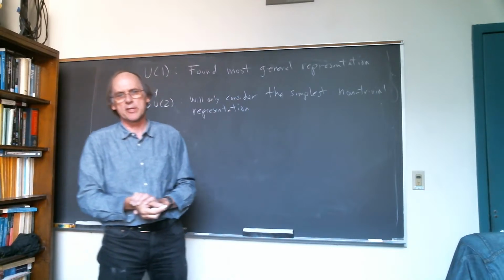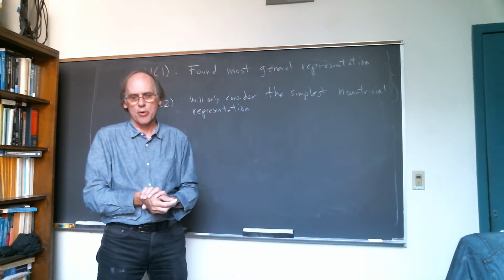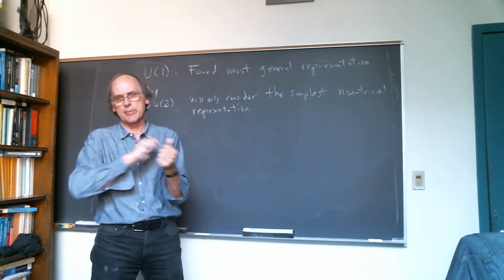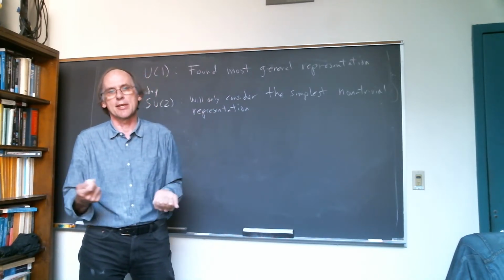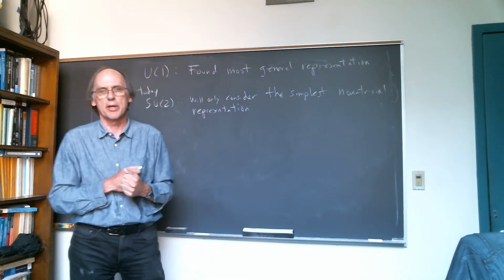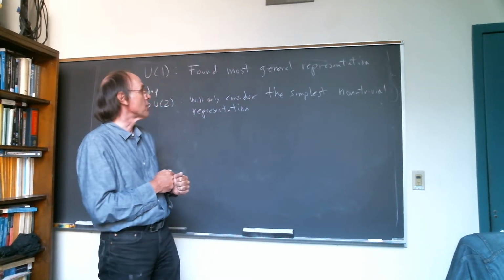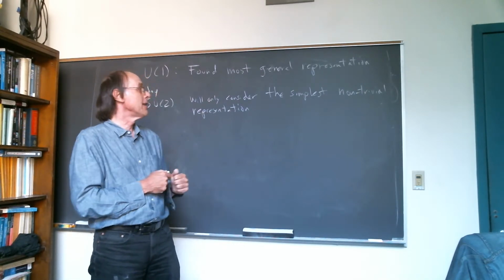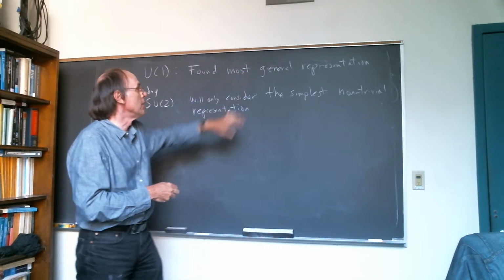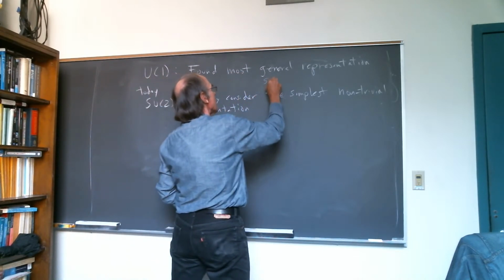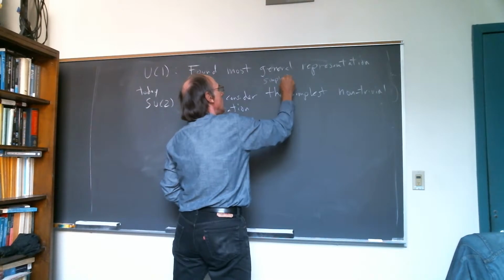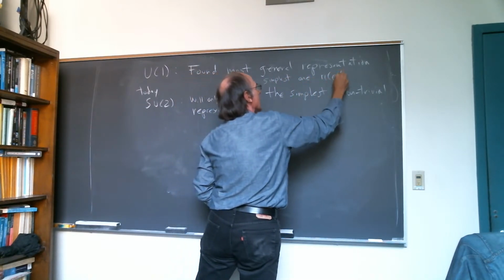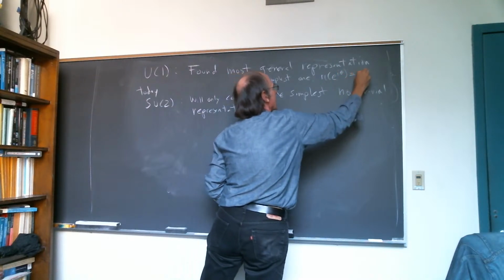One thing to say about representation theory is that there's always something called the trivial representation. If you just take all your pi to always be the identity, that's a representation that satisfies all the rules for representation, but it's a trivial one. So the question is, what's the simplest non-trivial representation? In the case of U1, the simplest one was pi of e to the i theta equals e to the i theta.